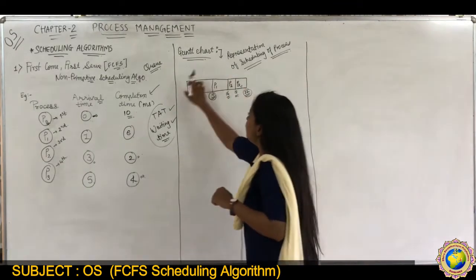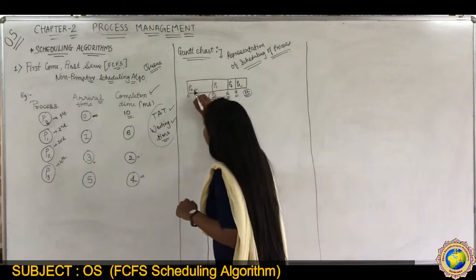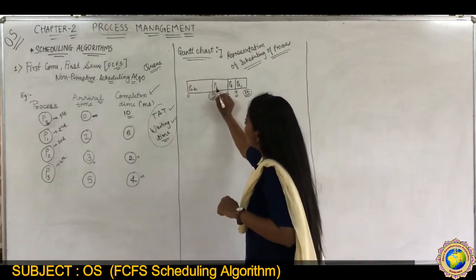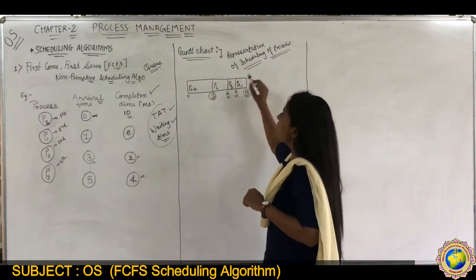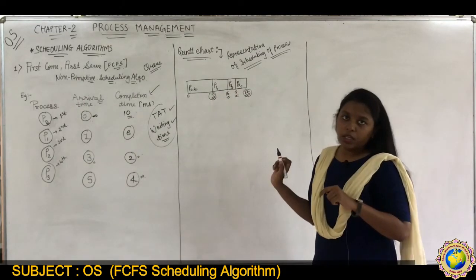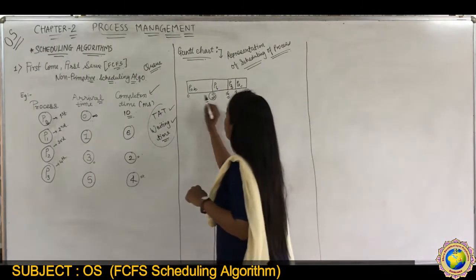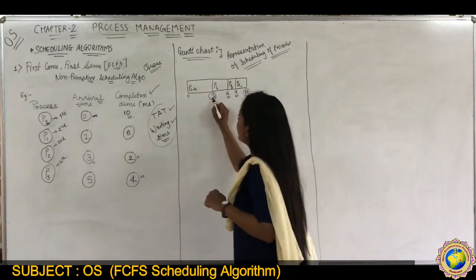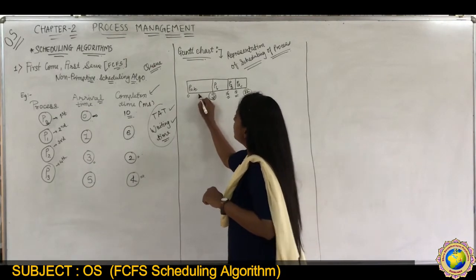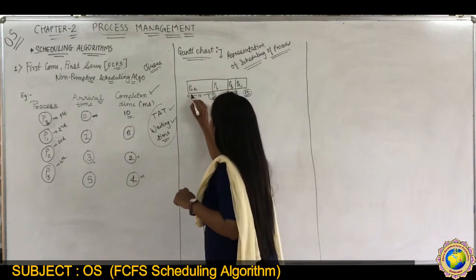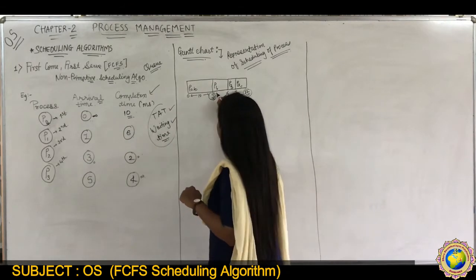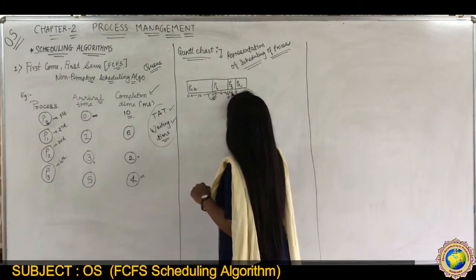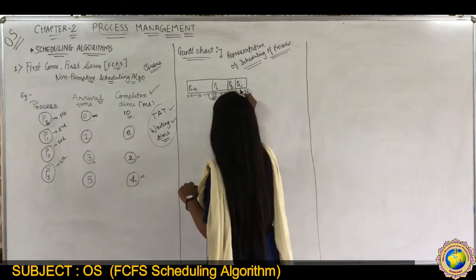So in the Gantt chart we see first P0, then P1, then P2, then P3. It starts at 0, then 10, the completion time of P0. Then the next 6, the next 2, the next 4.